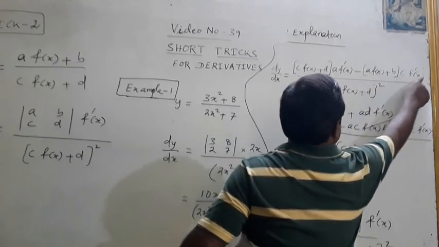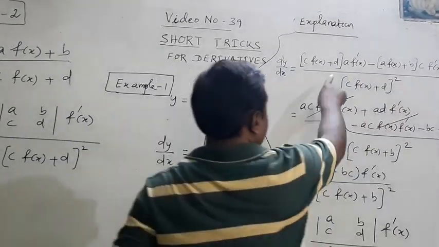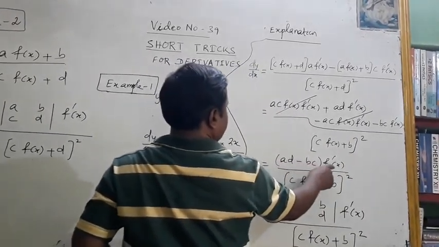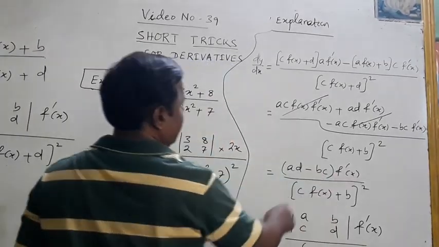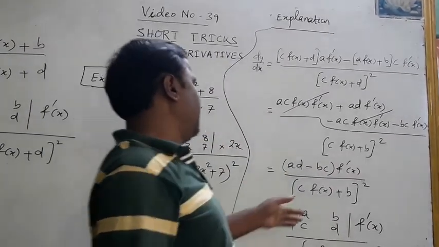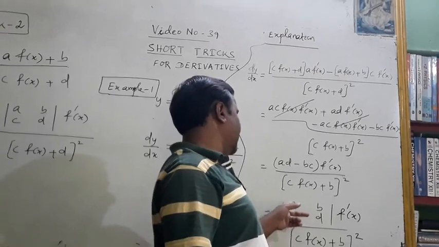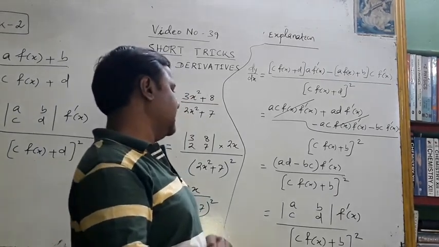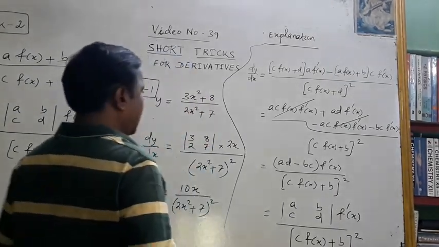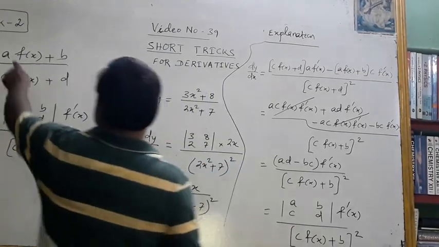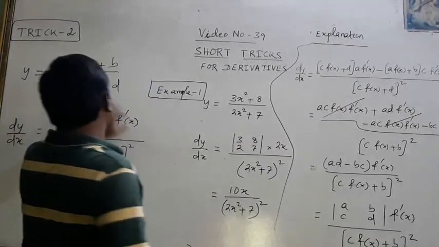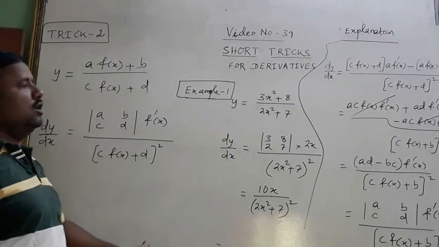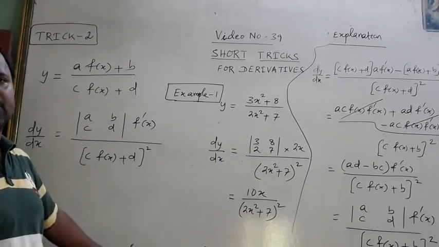The terms a c f dash x f(x) cancel, and what remains is ad f dash x minus bc f dash x, so (ad minus bc) f dash x by (c f(x) plus d) whole square. It becomes the determinant value of a, b, c, d into f dash x by (c f(x) plus d) whole square. Okay, I am doing another example.